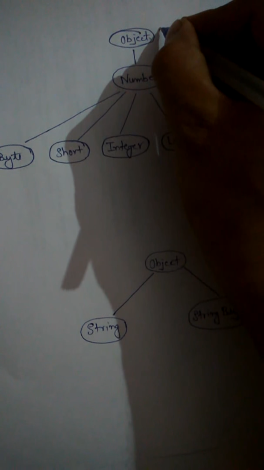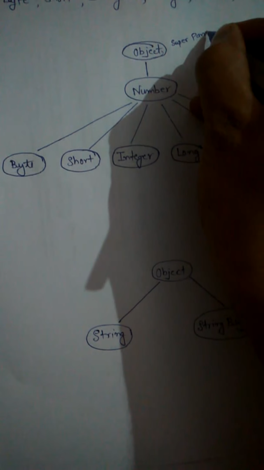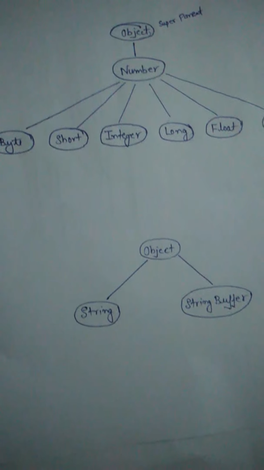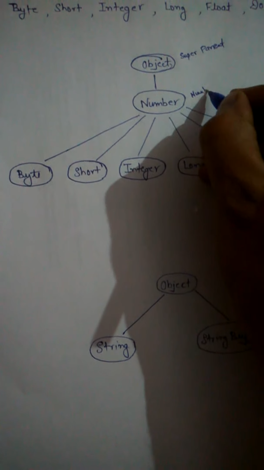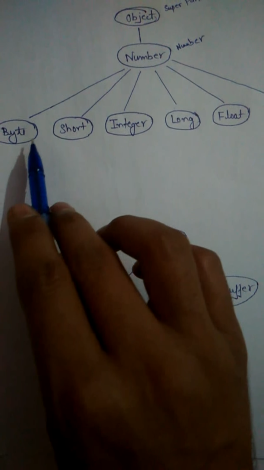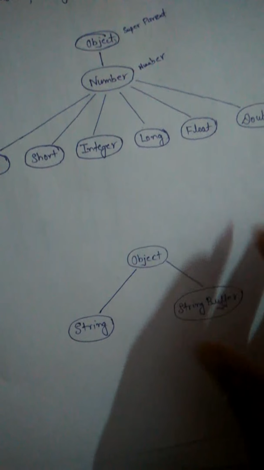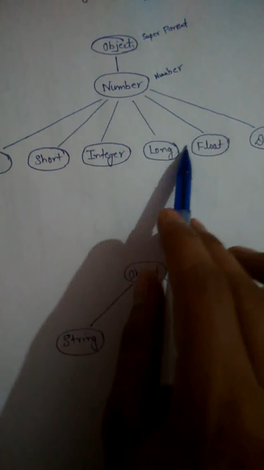The super parent is the Object class. The child class of Object is Number, and all the wrapper classes of primitive types are child classes of this Number class.